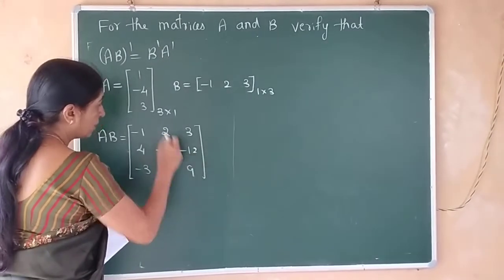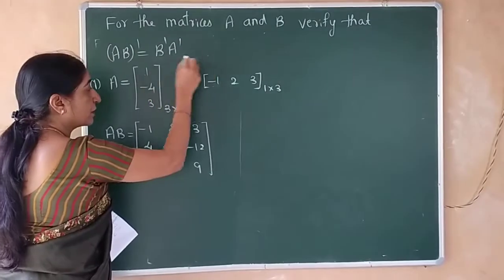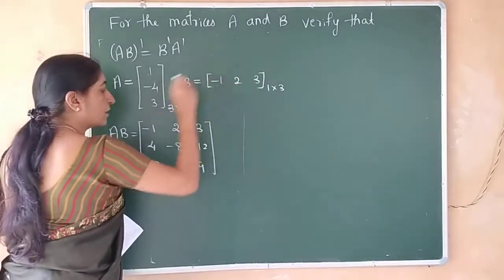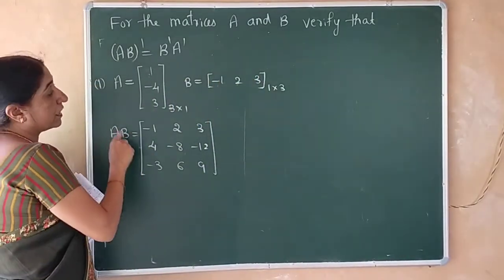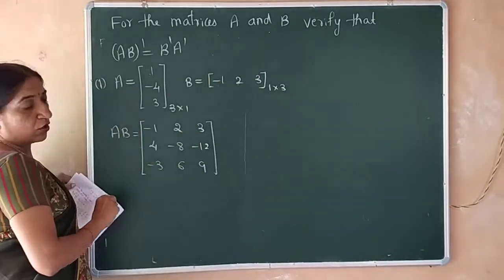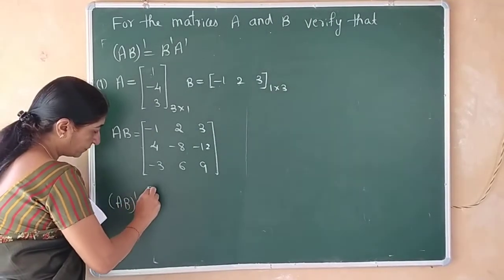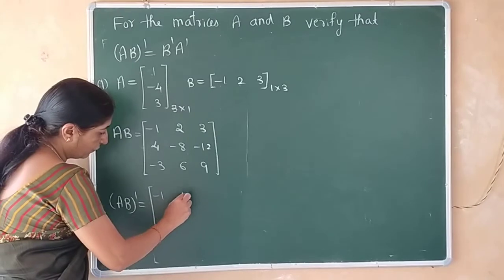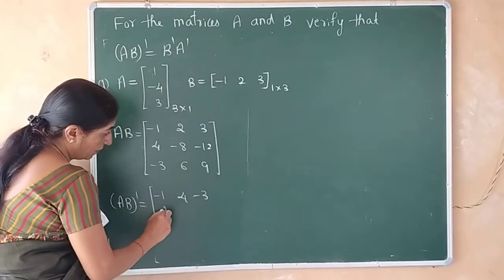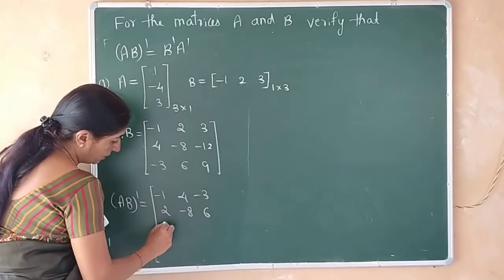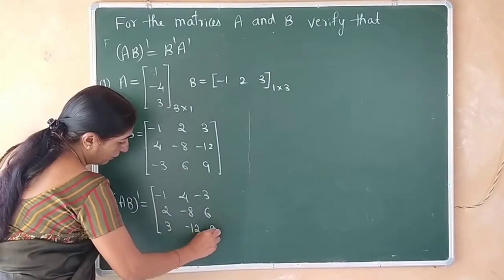Understood? First row with first column, first row with second column, first row with third column. Similarly, second row with all the columns, third row with all the columns. Write down the transpose of this: [-1, 4, -3; 2, -8, 6; 3, -12, 9].